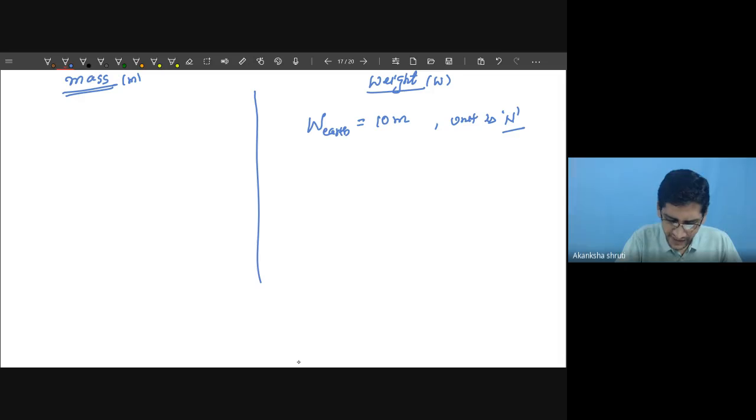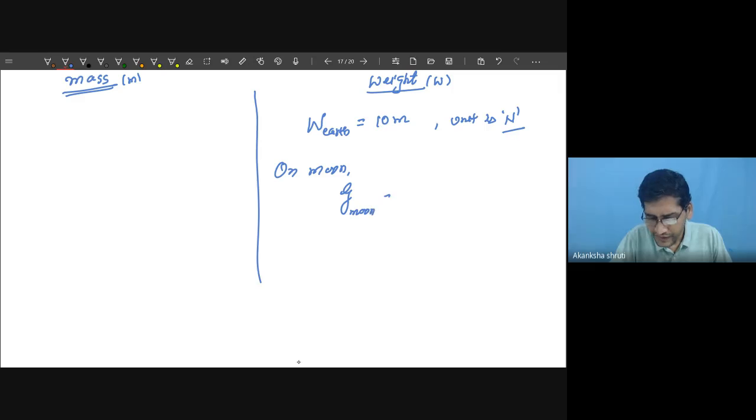If we consider on moon, last time we have learned that acceleration due to gravity on moon is 1/6 the acceleration due to gravity on earth. Means this is 1/6 into 10 we may write.